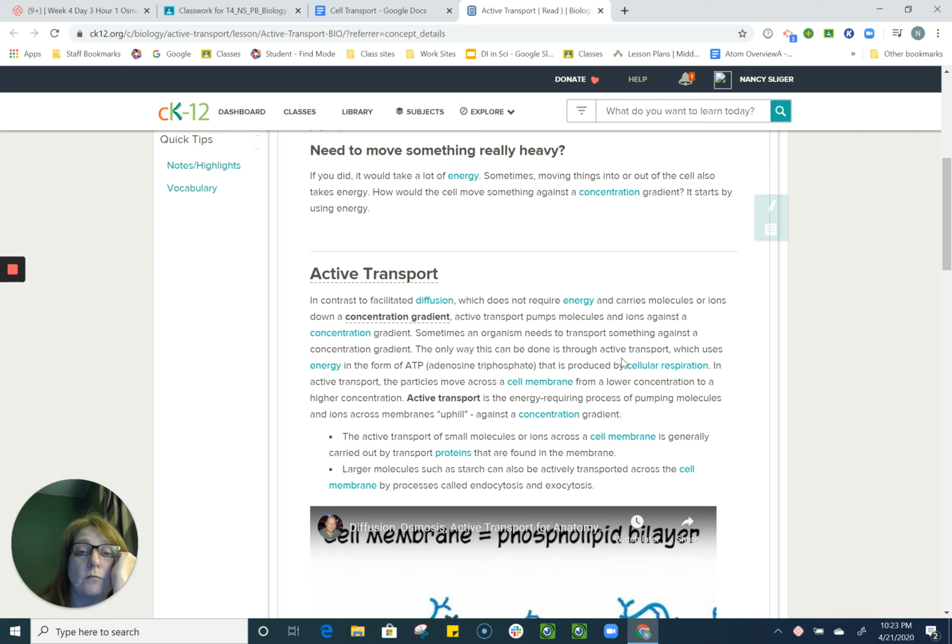And this is done through active transport, which uses energy in the form of a molecule called ATP. So energy for cells is this molecule called ATP. It's pronounced adenosine triphosphate, and it's produced by cellular respiration. And that is in the mitochondria. That's where the oxygen that you breathe in gets into your bloodstream.